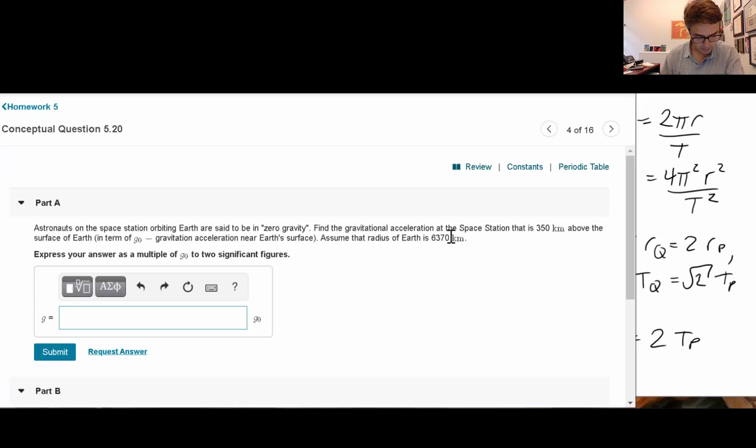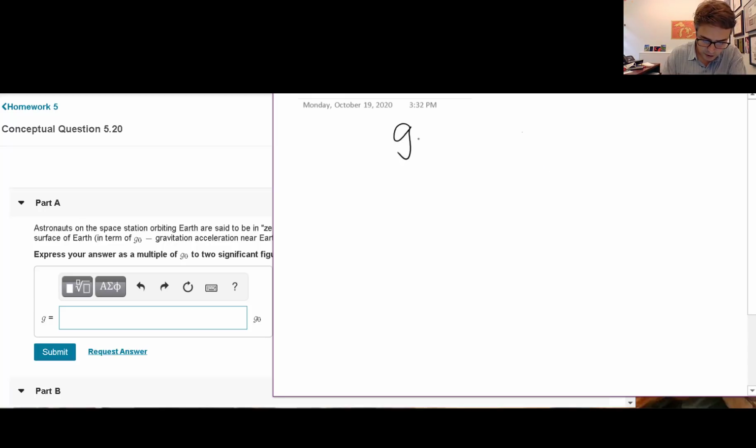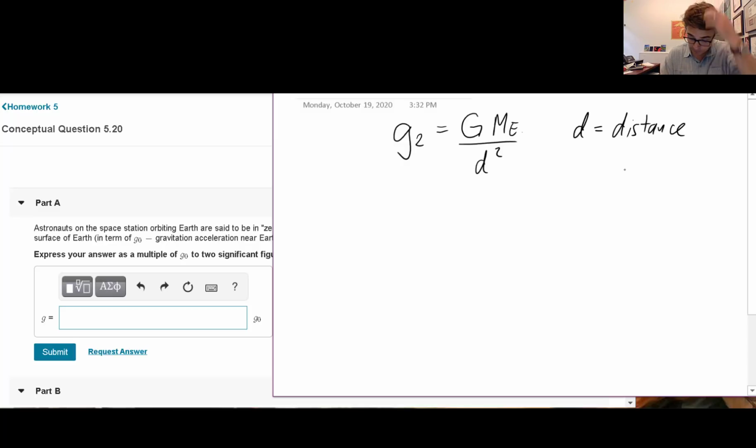Assume that the radius of the Earth is 6370 kilometers. So the gravitational acceleration at the space station, I'm going to call that g2, is going to be capital G times the mass of the Earth divided by, I guess, d squared, where d is the distance of the space station from the center of the Earth.